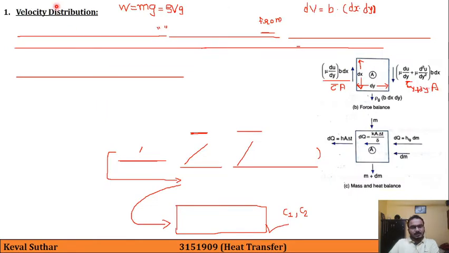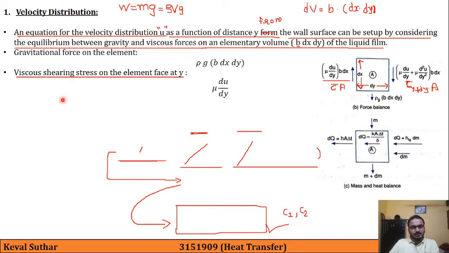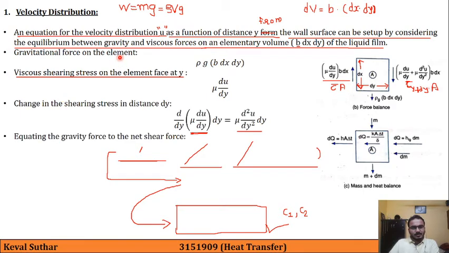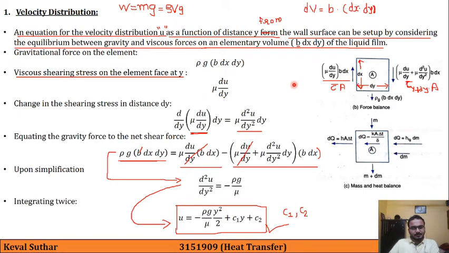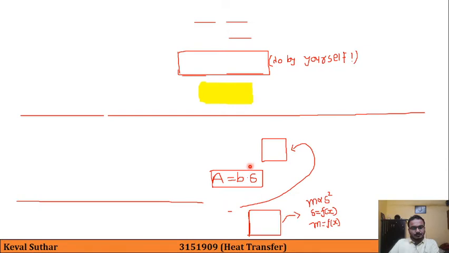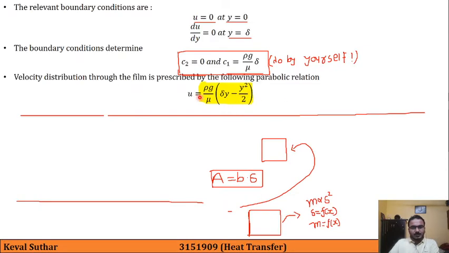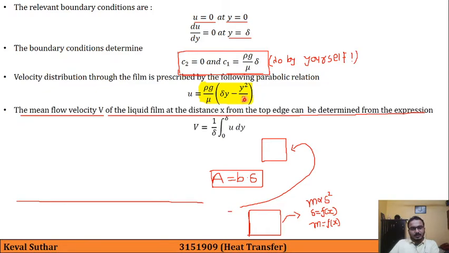And here we obtained the velocity distribution. So finally we are obtaining velocity distribution as rho g divided by mu into delta y minus y square by 2.